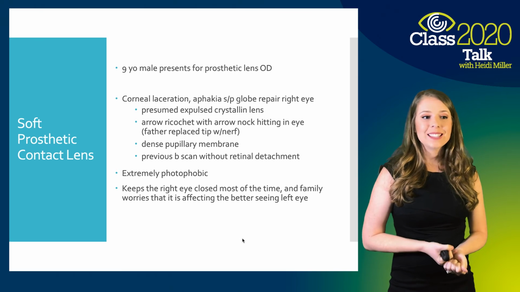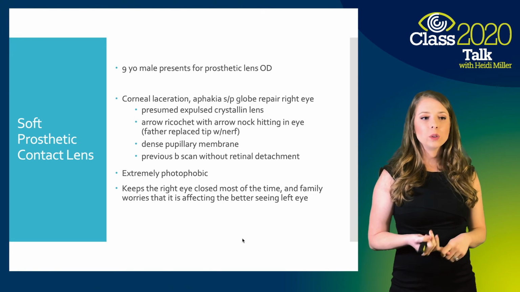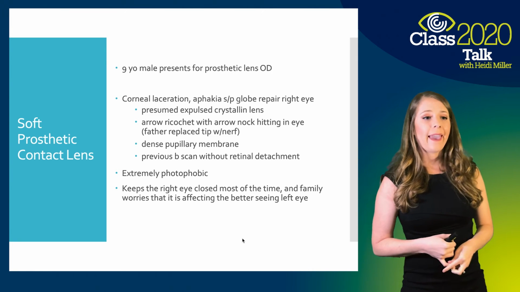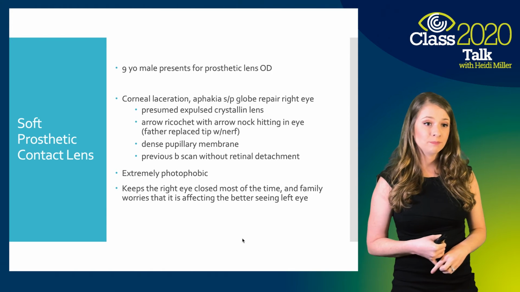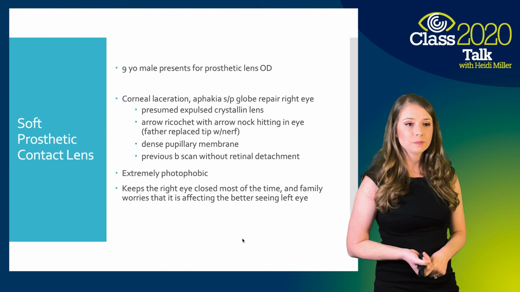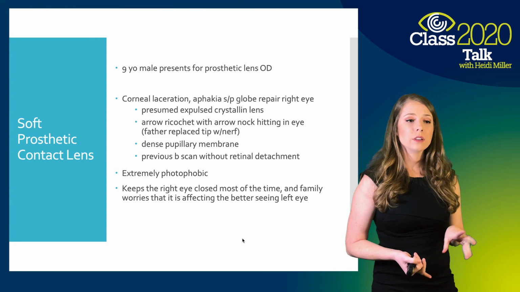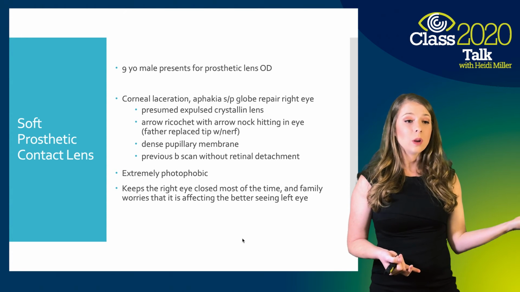Moving on to a soft prosthetic contact lens patient, I had a 9-year-old male that presented for a prosthetic lens in the right eye. This patient had a history of a corneal laceration and aphakia, status post globe repair. When they were doing exploration during that surgery, it was presumed that the crystalline lens had been expulsed.